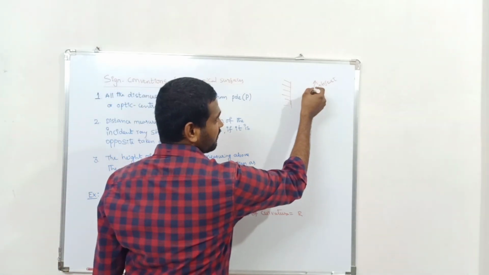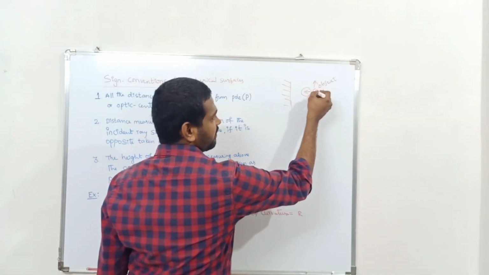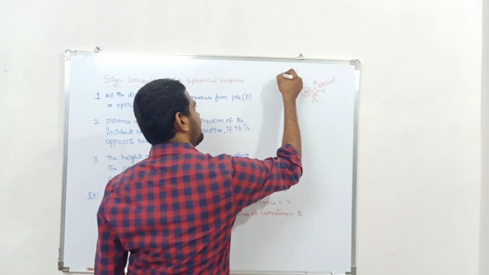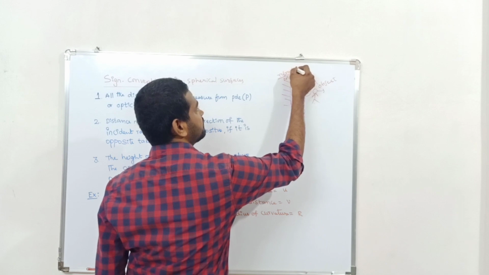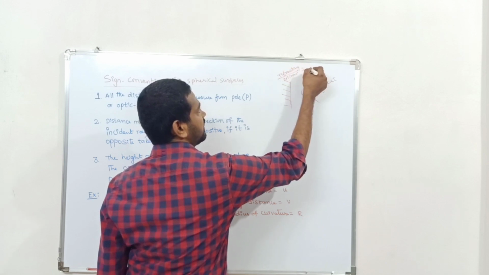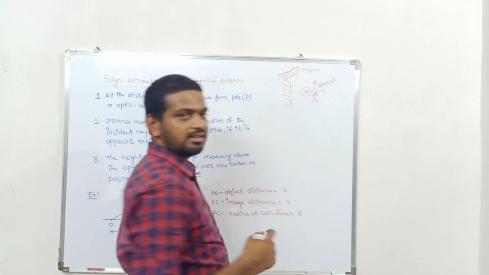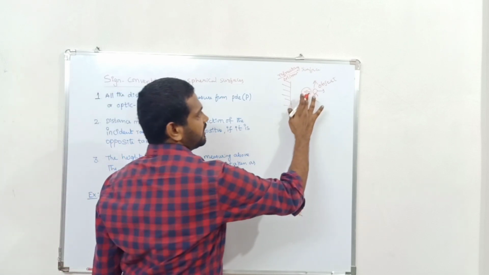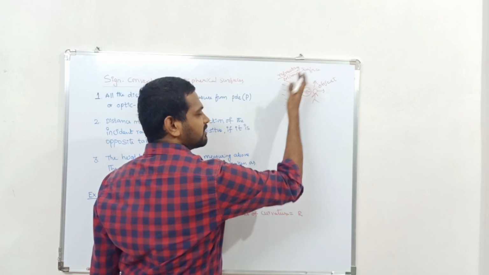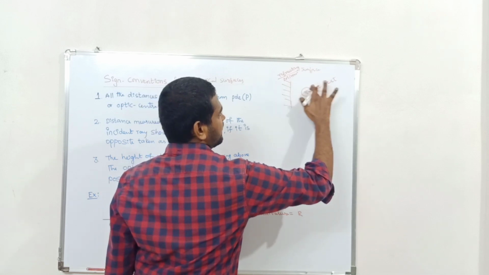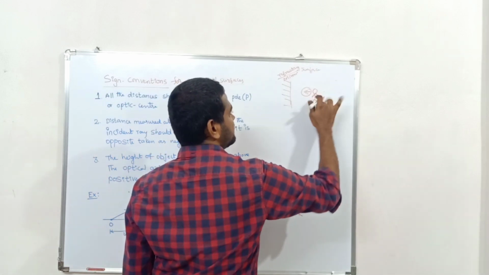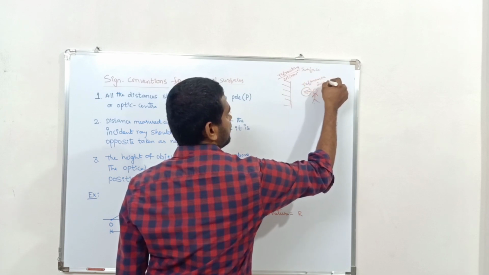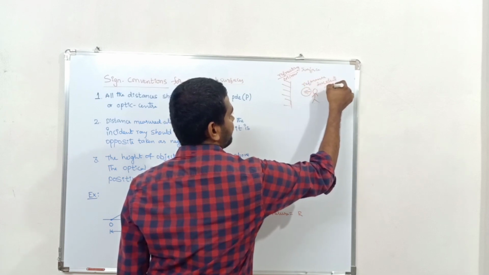You should take the reference ray which is passing from the object to the mirror or any refracting surface. The reference ray should always travel from the object to the refracting surface or reflecting surface. So this is the reference incident ray.